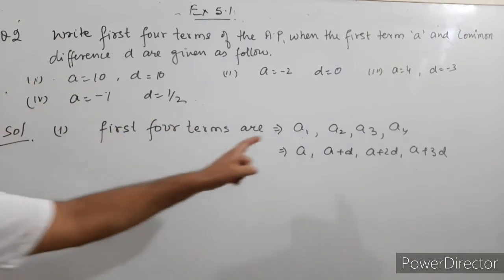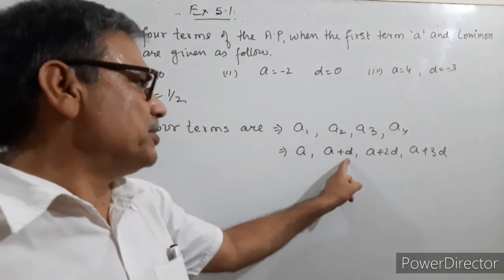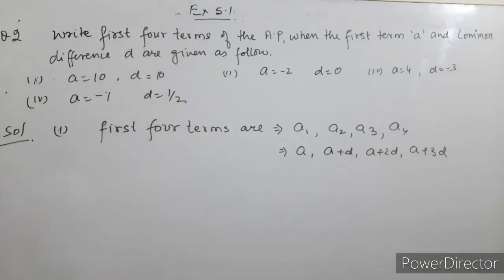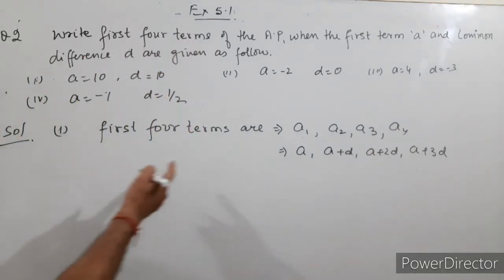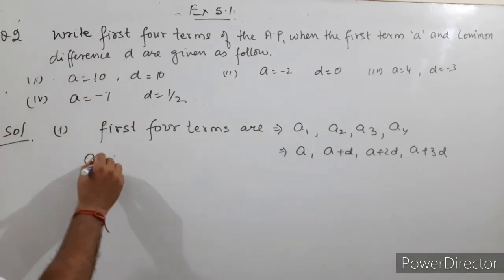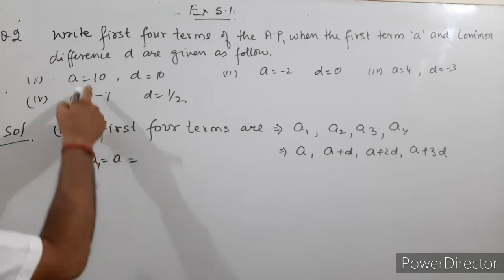I think you know it very well. A2 is A plus D, A3 is A plus 2D, A4 is A plus 3D. I already explained this in previous videos.